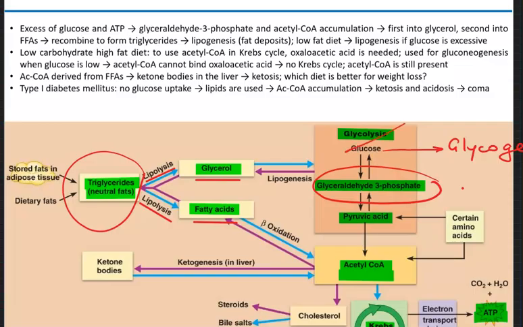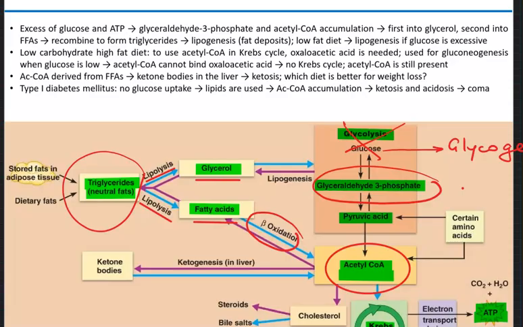So you kind of reopen glycolysis again. Making sense? Fatty acids, in the process of beta oxidation, form acetyl-CoA. So you basically bypass glycolysis entirely and supply this acetyl-CoA to Krebs cycle. Right? So it all sounds great.